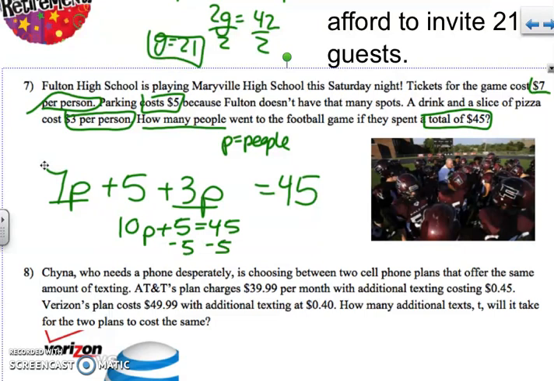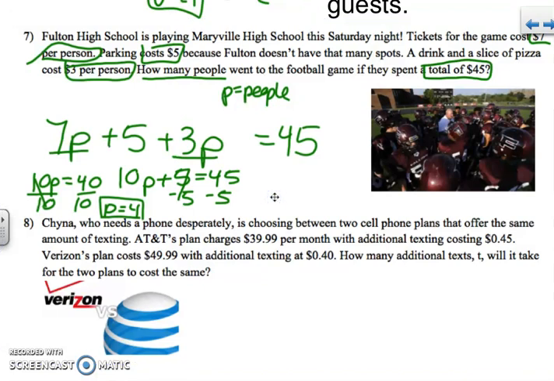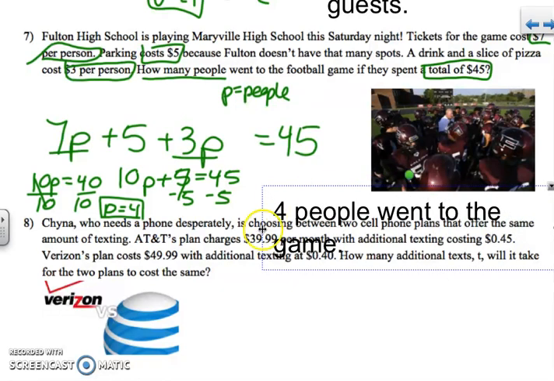Subtract 5 on both sides. 10P equals 40. Divide by 10. So P is going to equal 4. So what that means in that problem is 4 people went to the game if you spent $45.